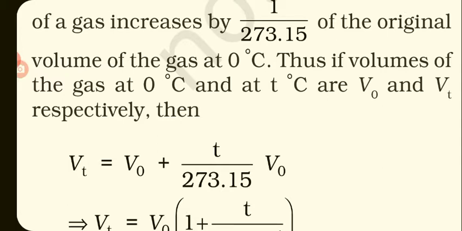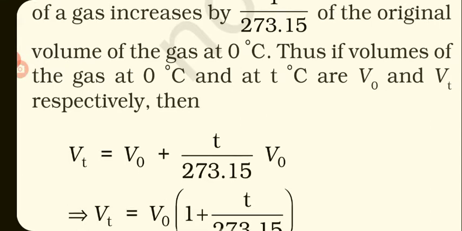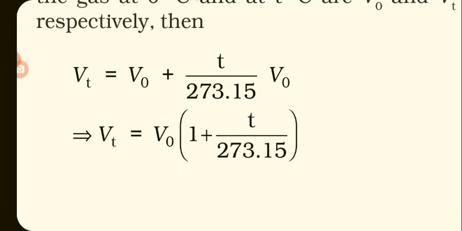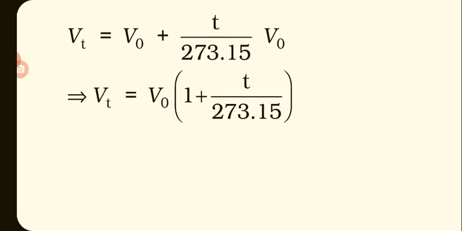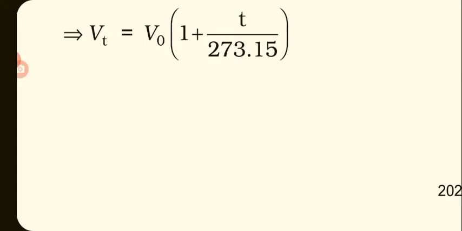Thus, if volume of the gas at 0 degree Celsius and at t degree Celsius are V0 and Vt respectively, then Vt is equal to V0 plus t upon 273.15 into V0, or if we take V0 common, we'll get Vt is equal to V0 in bracket 1 plus t upon 273.15.